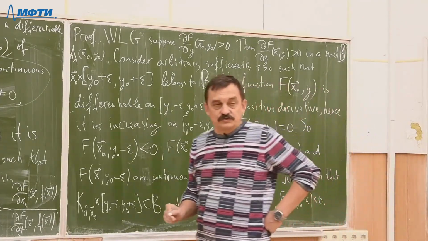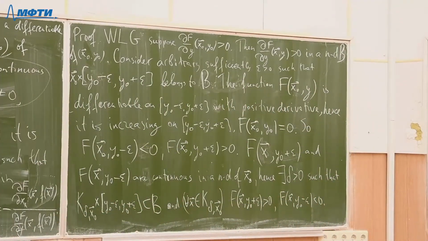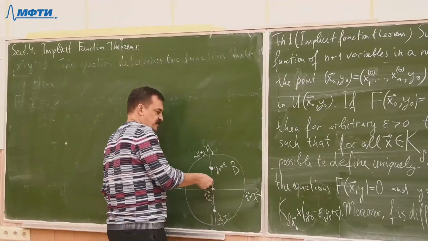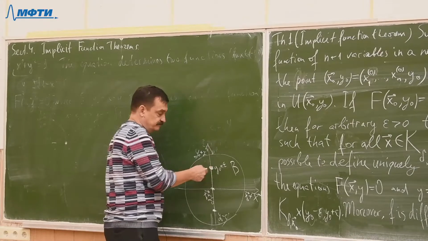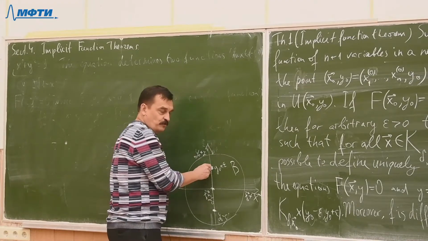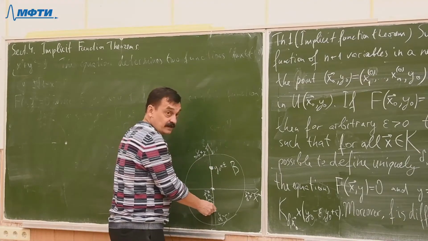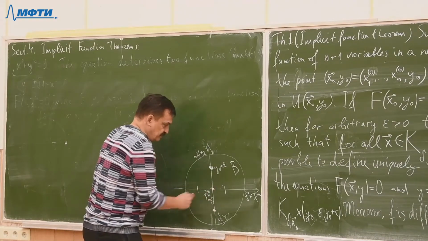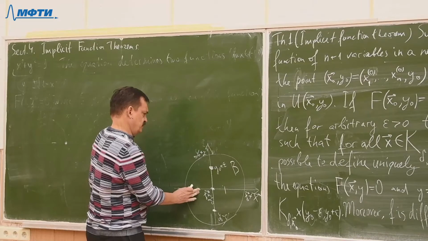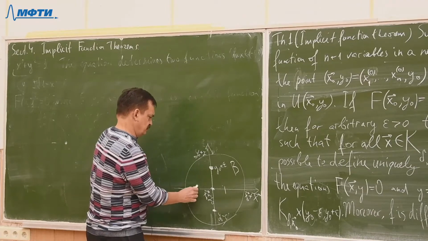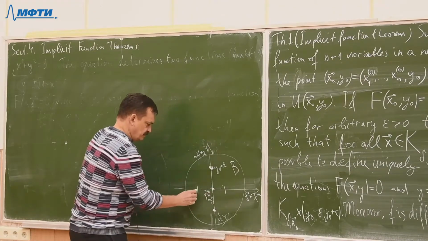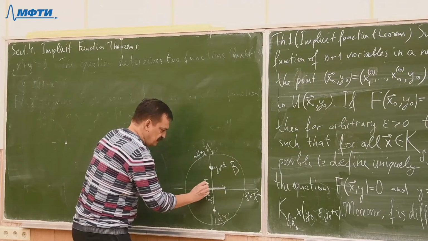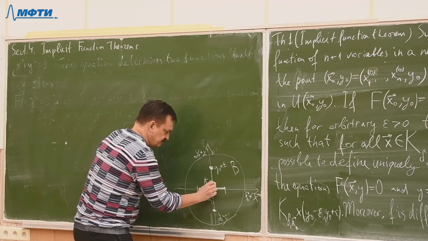So look, our function capital F is increasing here, right? So here it is positive, there negative, and we can find a neighborhood here. So this is the neighborhood, that is K delta of x naught.